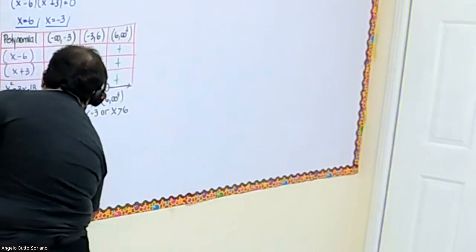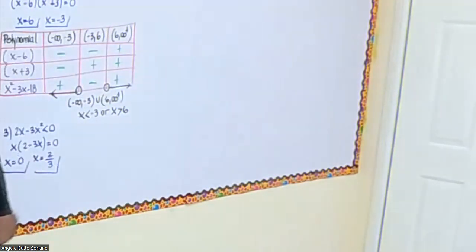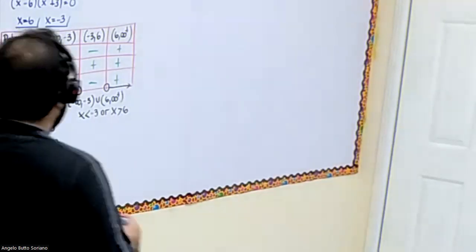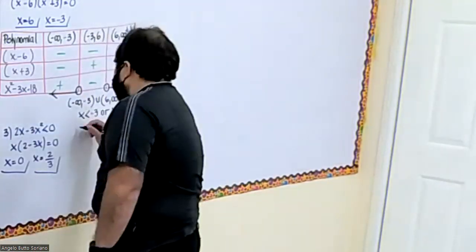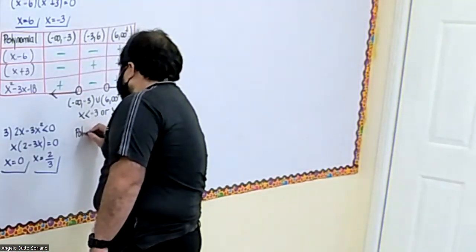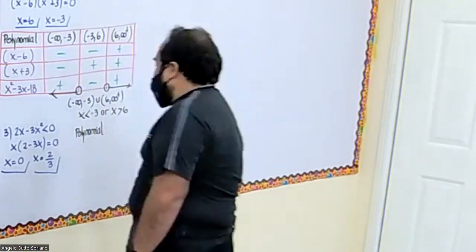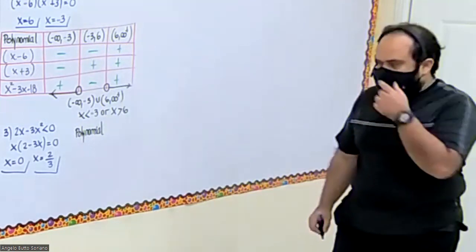Because 3 times 2/3 will be 2, so 2 minus 2 will be 0. Now, let's begin with the polynomial. Again, the polynomial and intervals.